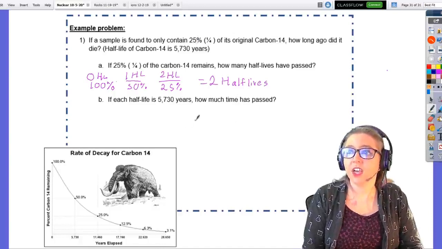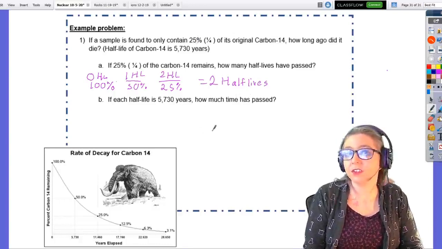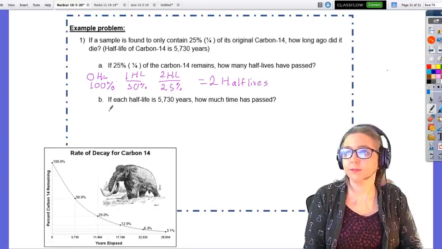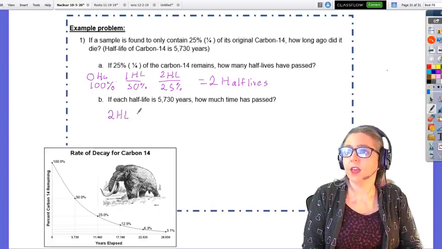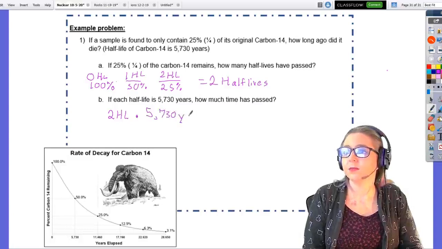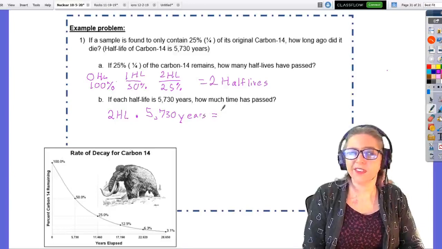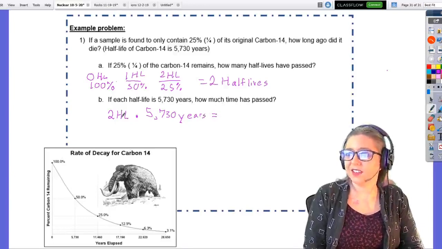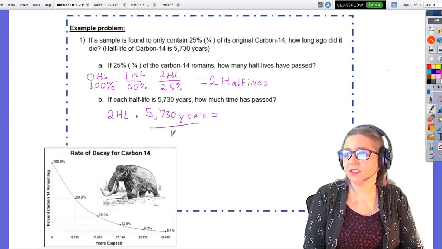Now, if each half-life is 5,730 years, how much time has passed? I know that I have 2 half-lives, and I'm going to multiply that by 5,730 years. Now you can just plug it into your calculator like this, but I'm a bit of a stickler for units. I don't like this half-life times years, so I'm going to divide by half-lives. There is 5,730 years in 1 half-life.